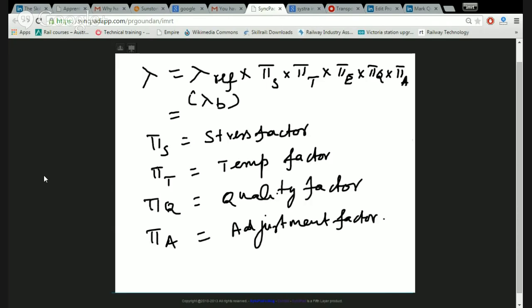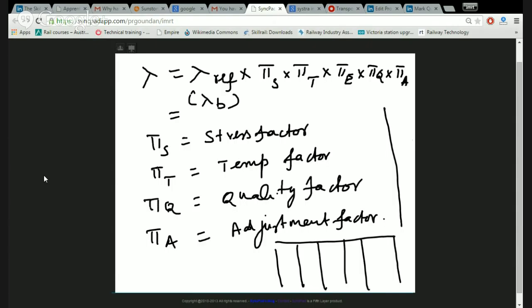Mind you, you don't have to guess any of these things. All these are available in tabulation form. The tabulation is there in the handbook. Here the device is given, capacitor. So it gives this is pi S, this is pi T, this is pi Q, this is pi A, or any other factor.